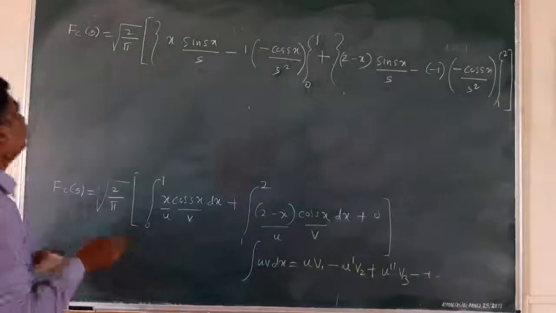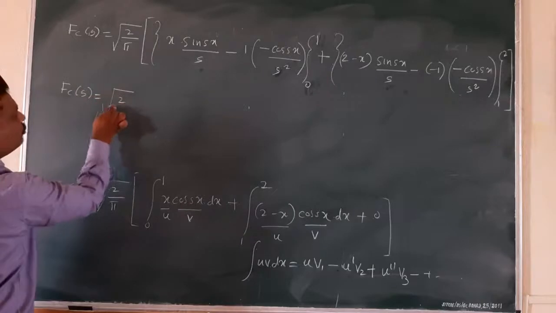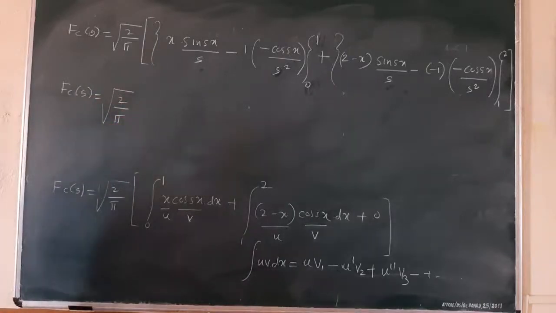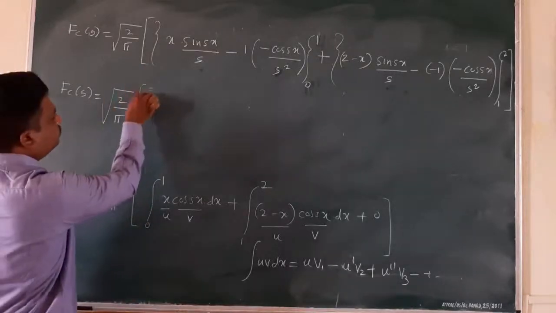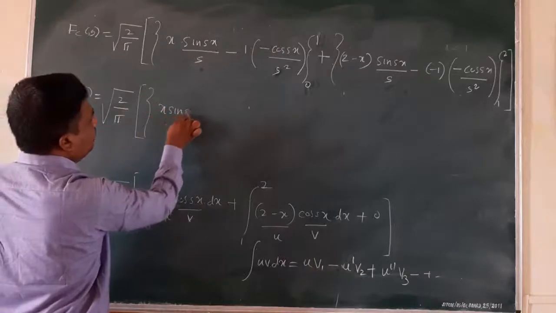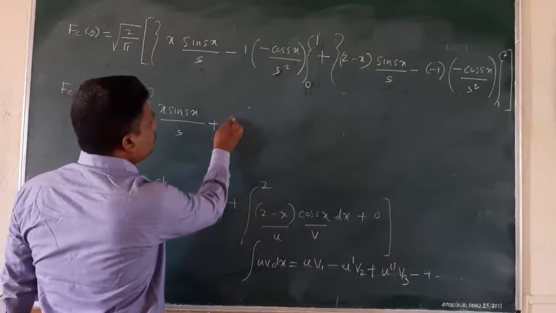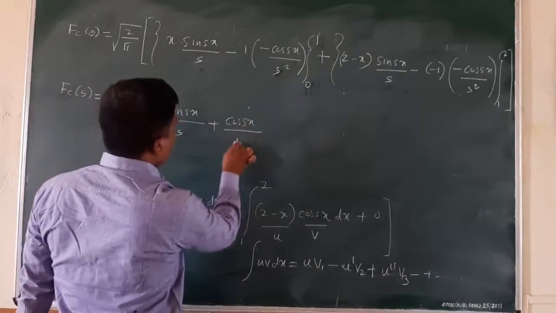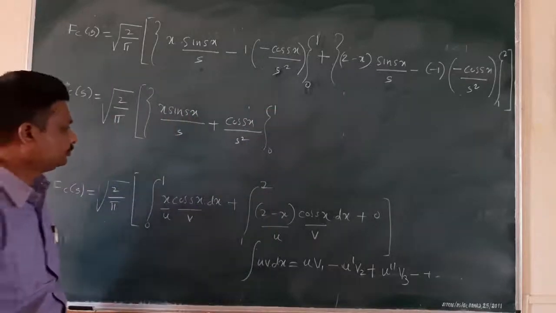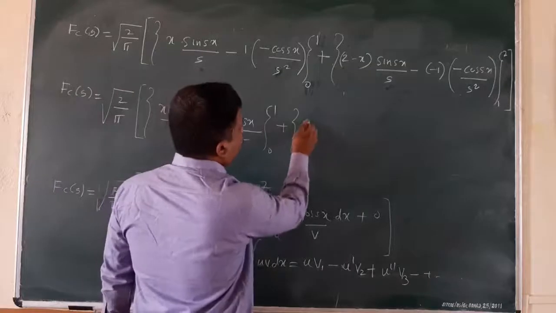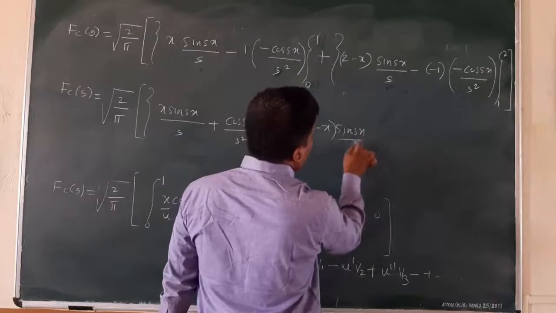So I will simplify this one. Therefore Fc of s is equal to square root of 2 upon pi. I will write x sin sx upon s as it is, minus into minus becomes plus cos sx upon s square, between limit 0 and 1, plus 2 minus x into sin sx upon s.